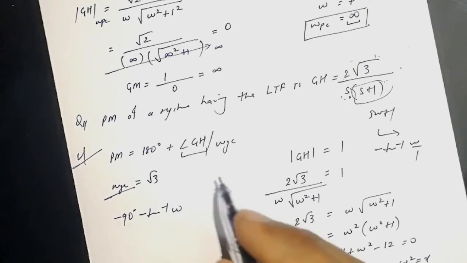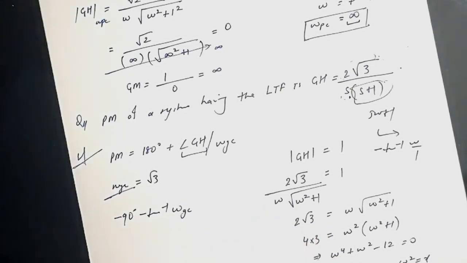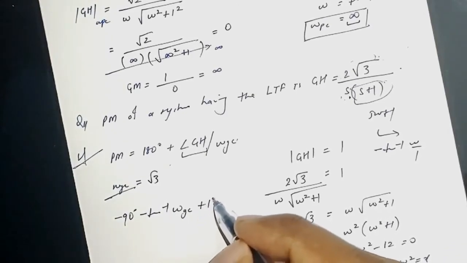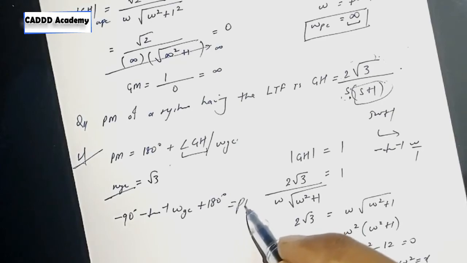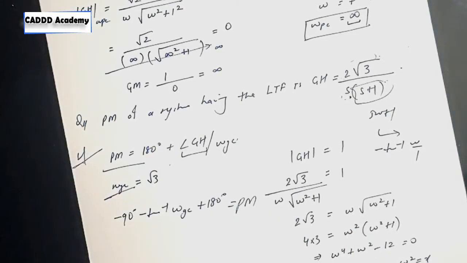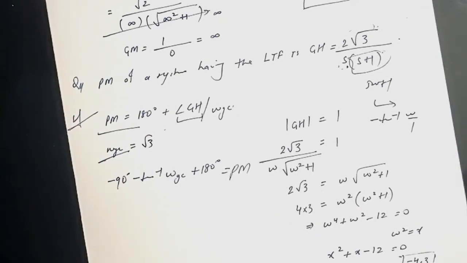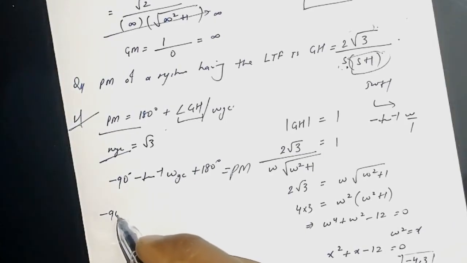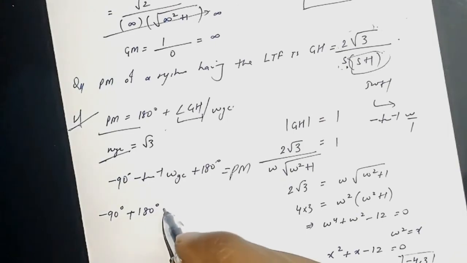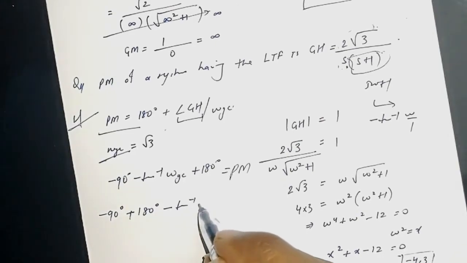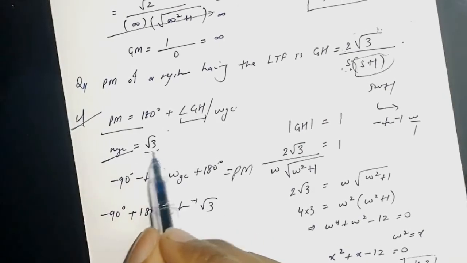Now we want this at omega gc, and we will add 180 degree to it to get the phase margin. Now minus 90 degree plus 180 degree minus tan inverse of root 3.